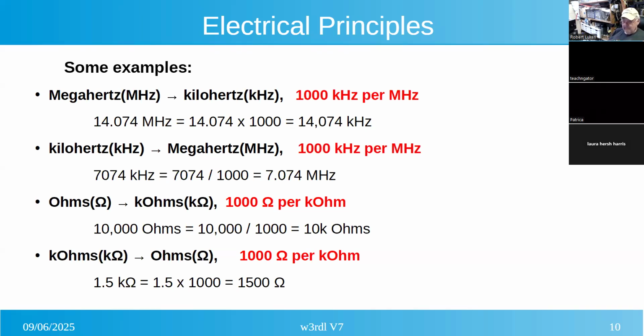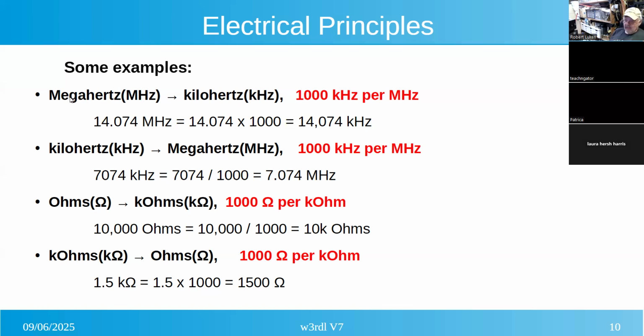We're going to divide because we're going from a smaller to a larger, and in the case of kiloohms to ohms, we're going from large to small. So you use the same technique regardless of whether we're talking hertz or ohms or amps or whatever. You just have to remember what the relationship is between the two values.